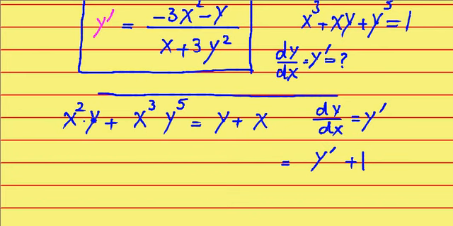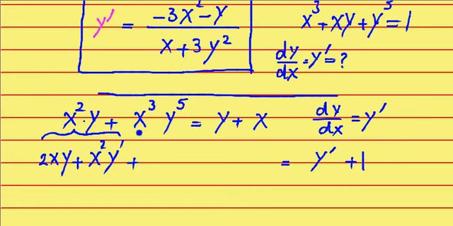Derivative of x squared y. I have to differentiate the first. It's going to give me 2x times the second plus first times the derivative of the second. So this is what came out of here.